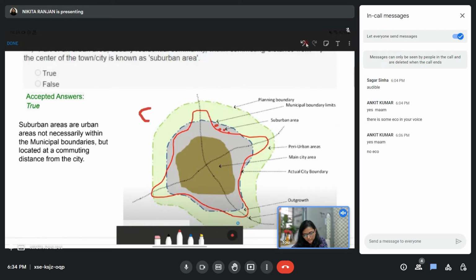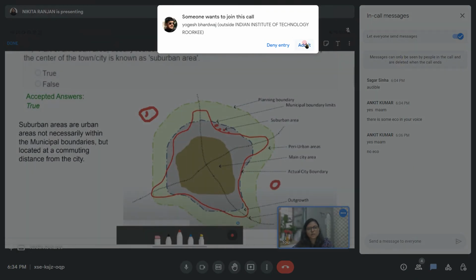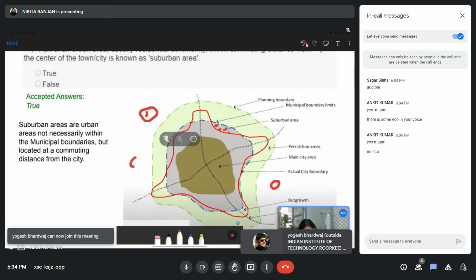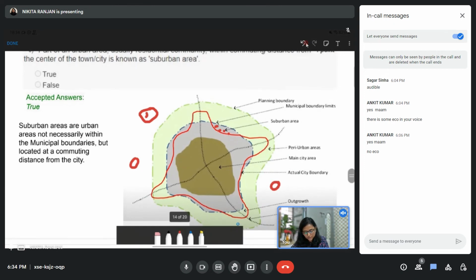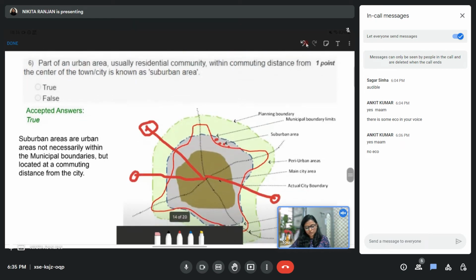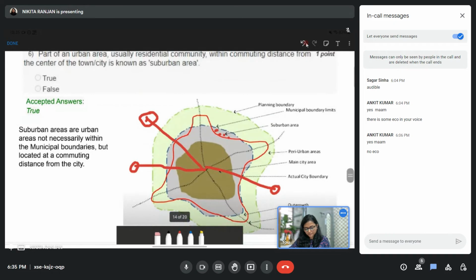It can be another suburban area here or here or here. The only criteria this area needs to satisfy is that it should be within the commuting distance to the main city. That is the main criteria which needs to be satisfied by an area to be called a suburban area.